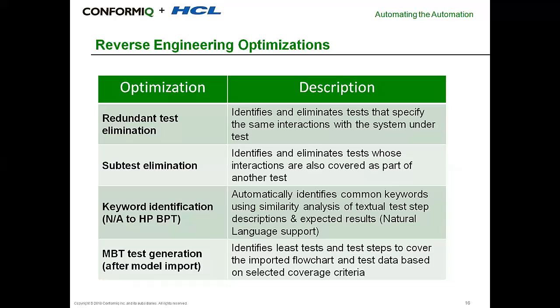And then for reverse engineering, pulling in existing assets, you might say, how do I do this? And how do I optimize these things? It's really an automatic conversion. And it's going to eliminate the duplications and the subtests so that you get a model generated from this directly.